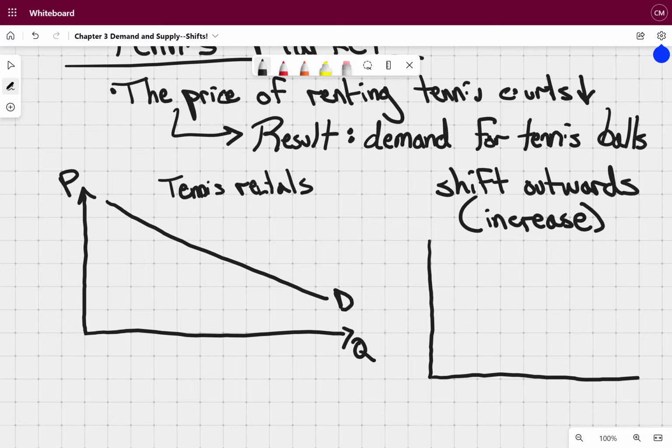So we go from $10, I'm just going to stick with the amounts from the book here. We go from $10 down to $7. And as a result, there's going to be more tennis courts that are demanded and rented.